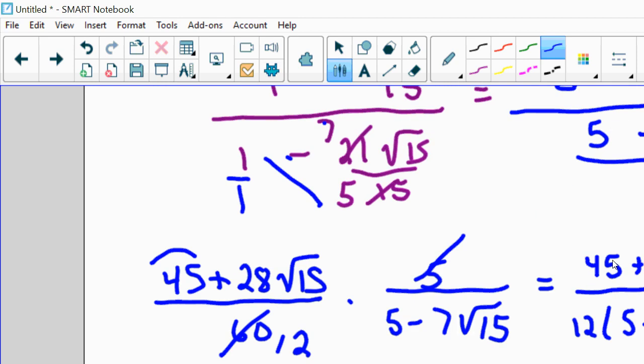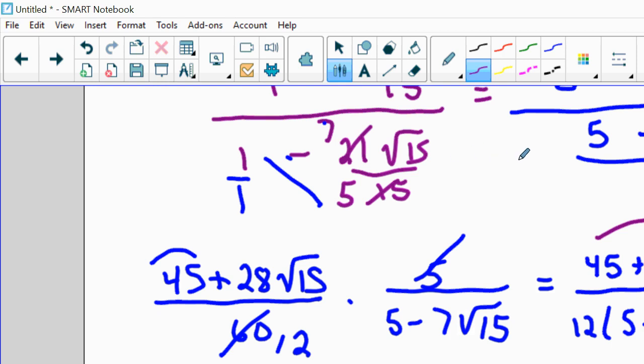Now I'm fine with this, but I'm thinking we better multiply by 5 plus 7 radical 15. In the bottom, that 12's just hanging, but you get the 25 minus 49 times 15. The top is disgusting. 45 times 5, 180.